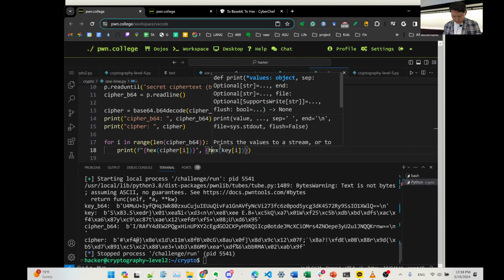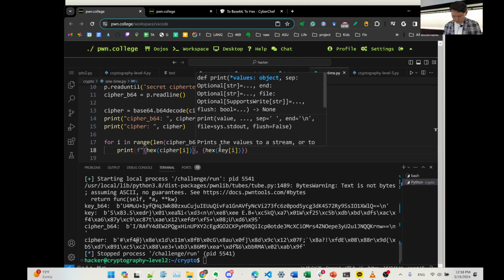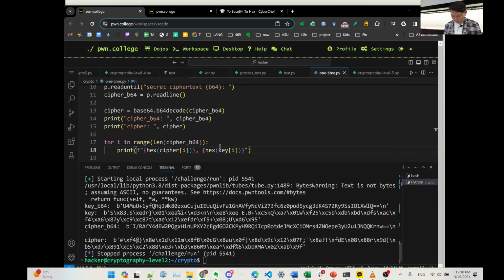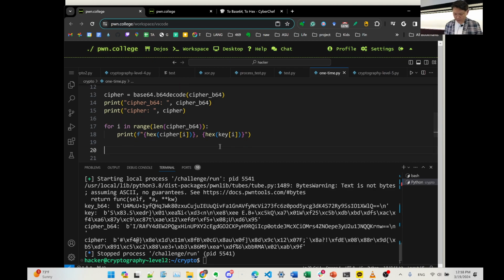I think this is wrong. Okay, so it prints out the hex cipher and the key value. Okay, let's run.